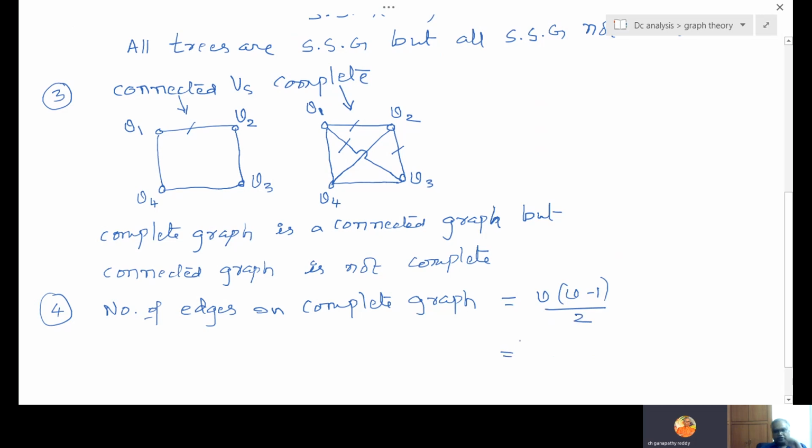So what is V? Number of vertices. We have 4, so 4 into 4 minus 1 by 2. So we get 6 edges.